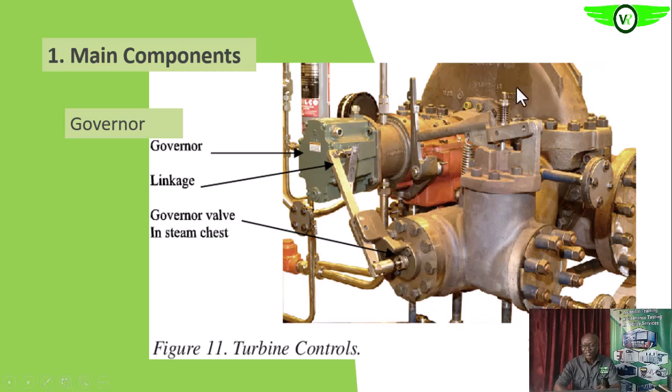Within the steam turbine, we have the stationary blade, as we have seen earlier. As we saw earlier, it has the stationary blade and the rotating blade. The rotating blade converts that kinetic energy. The stationary blade's function is to throttle and increase the velocity before it impinges on the rotating blade.